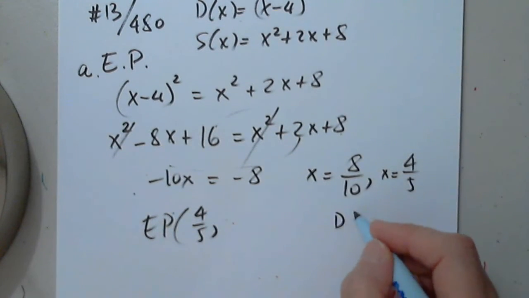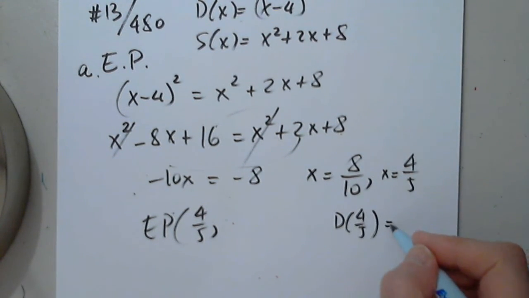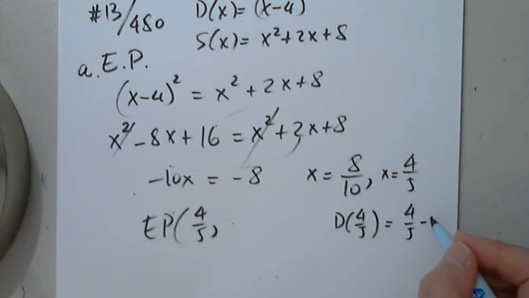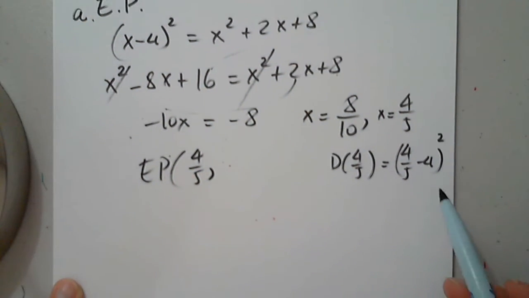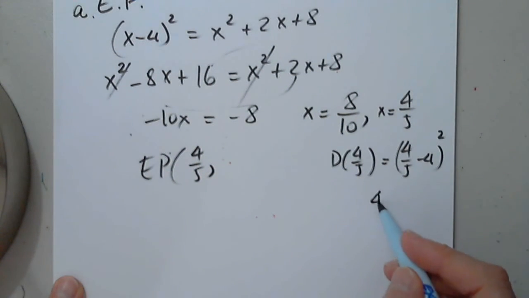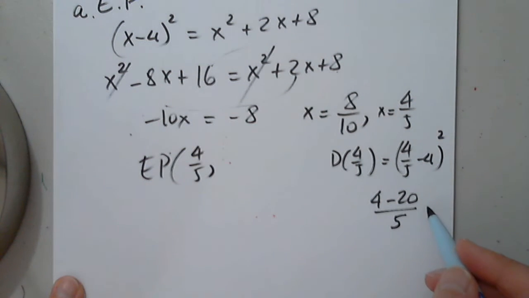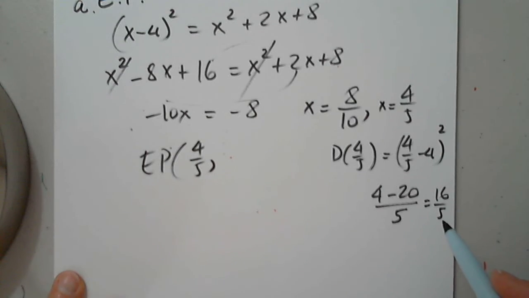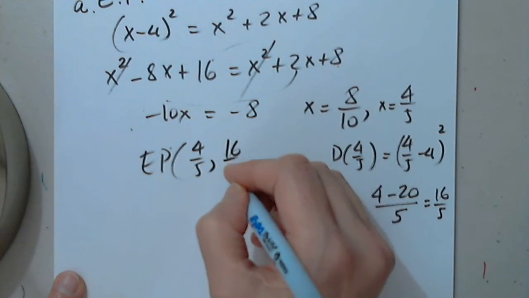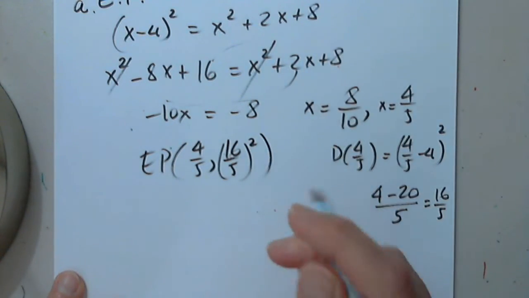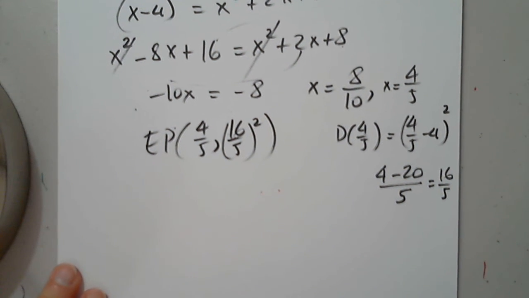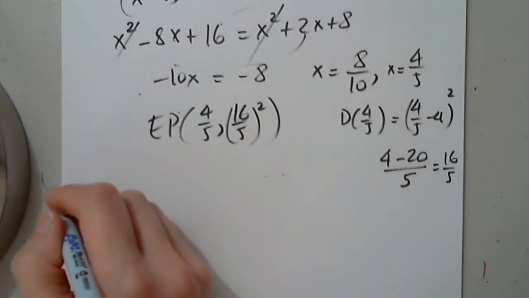So d of 4/5 is (4/5 minus 4) squared. What do I get here? 4 minus 20 over 5, so it's negative 16 over 5, and negative 16 over 5 squared. I'm just going to keep it as is. Okay, good. So that's our equilibrium point.